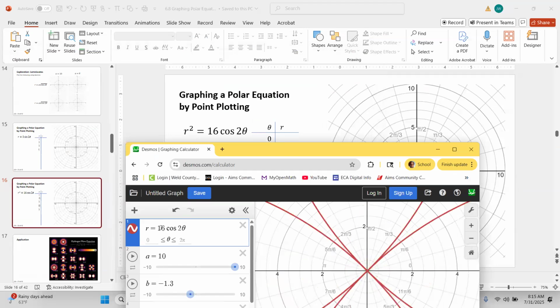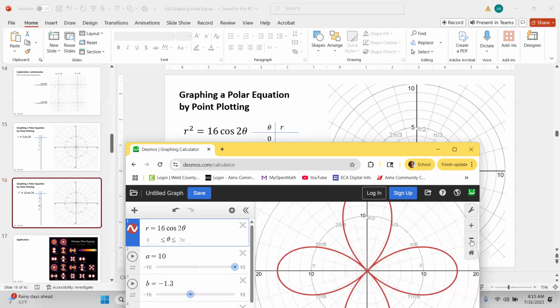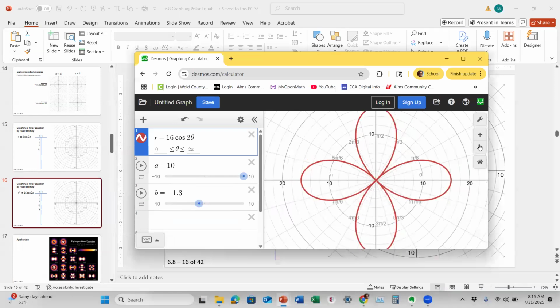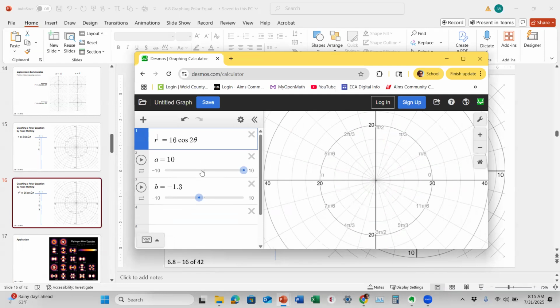Okay, so this is what it looks like if r isn't squared. If r is squared, it must be linear in r. Okay, so I've got to stick a square root on the other side.